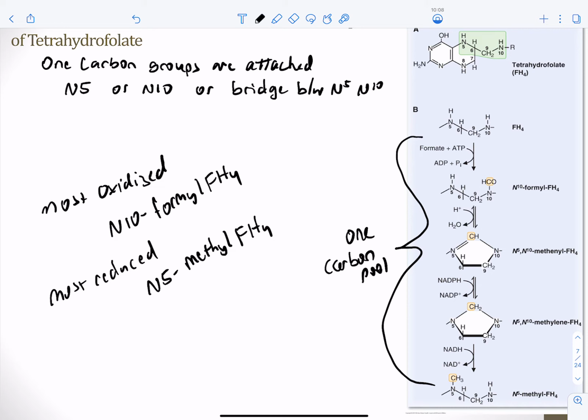So once the methyl group is formed, it cannot readily be oxidized back to N5,N10 methylene tetrahydrofolate, and this form will tend to accumulate in the cells.